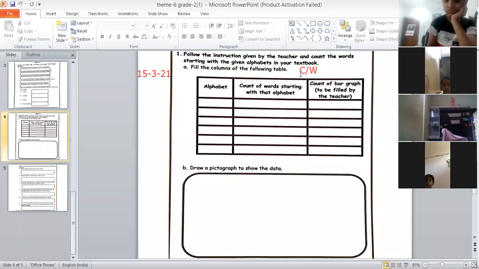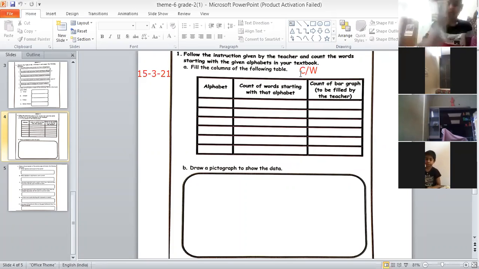Okay, so this is: follow the instructions given by the teacher and count the words starting with the given alphabets in your textbook, and then fill the columns of the following table. So first of all, take out your math textbook and open page number 1 of your math textbook, children. We need your math textbook for this activity.